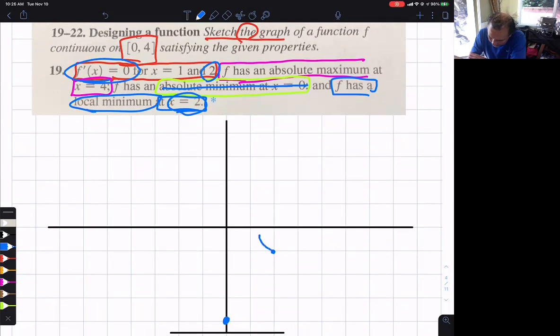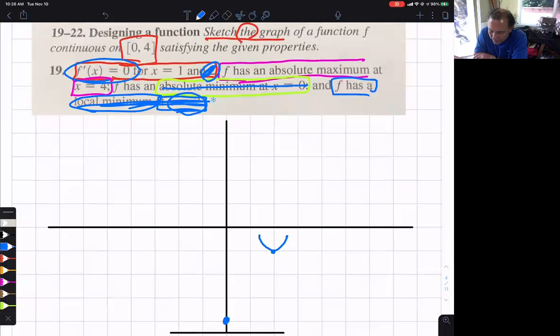It's got to be like that. Why? Because that's a local min, and the tangent line has a slope of 0. I need a nice curve like that to get a slope of 0. So that takes care of the derivative being 0 at that point, and we have a local minimum at 2.